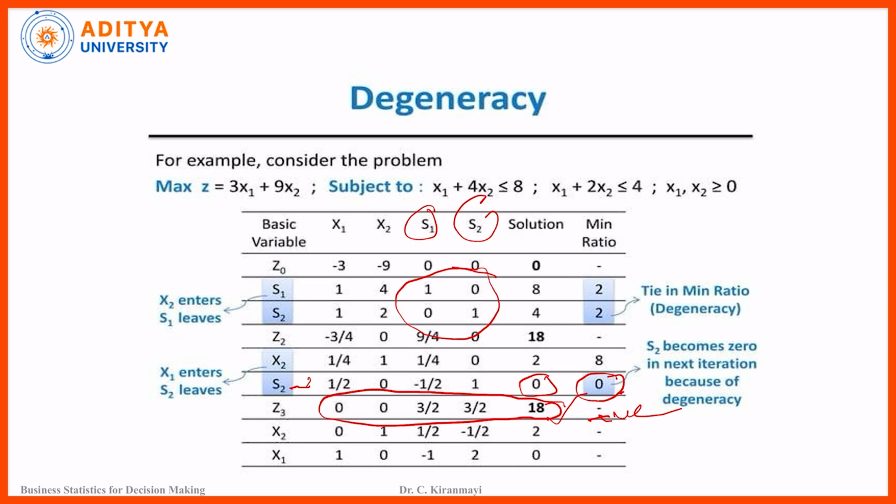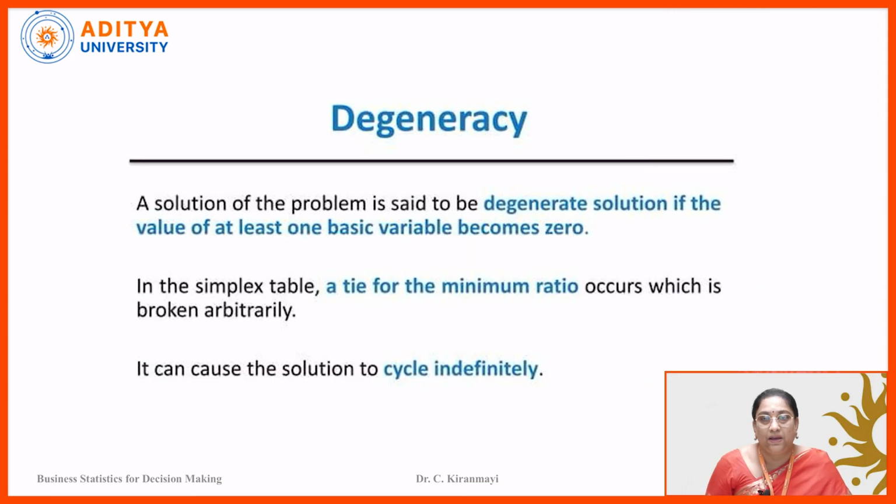However, there is still a basic variable with value 0. This kind of situation denotes degeneracy. This is how we can understand degeneracy in the Simplex table.